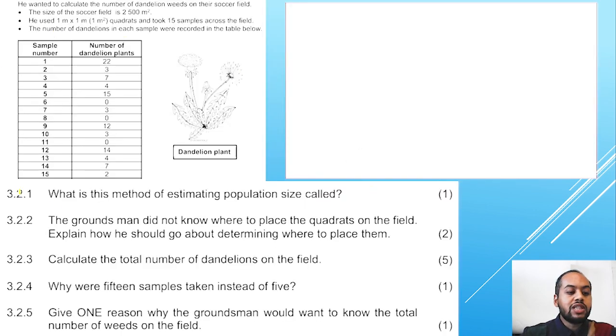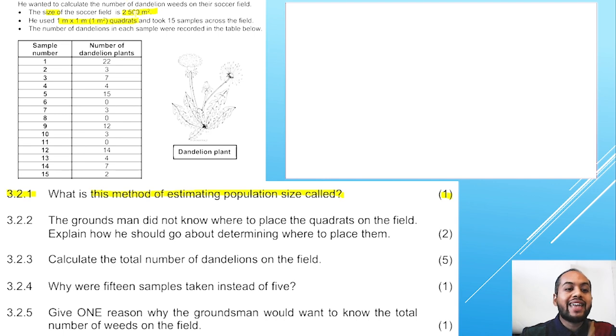The first question, 3.2.1, asks us what is this method of estimating population size, all for 1 mark. So since we have the size of the soccer field in meters squared, we have the size of the quadrats. This is indicating to us the type of technique that we have, so it's either going to be between the mark recapture and the quadrat sampling technique.